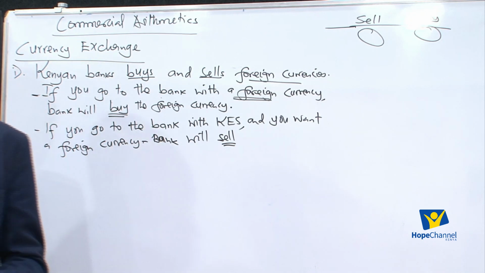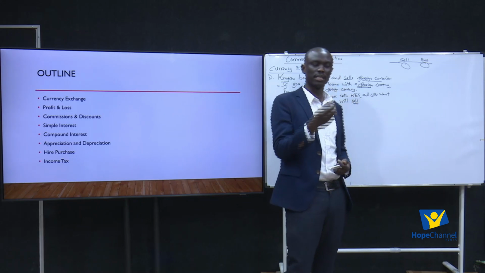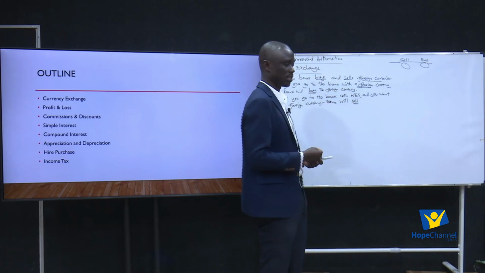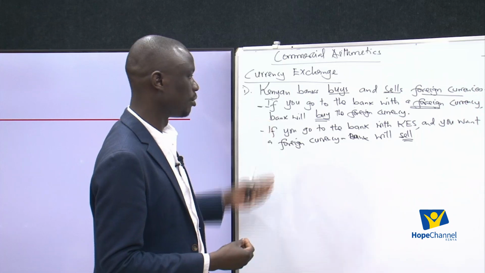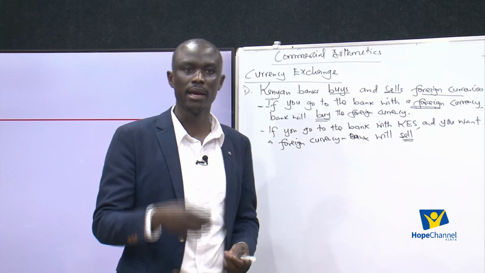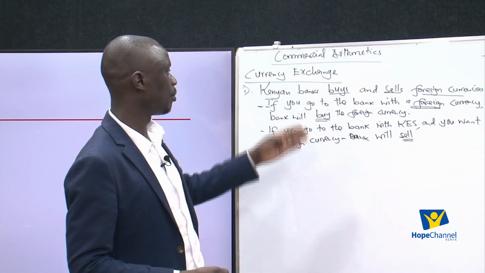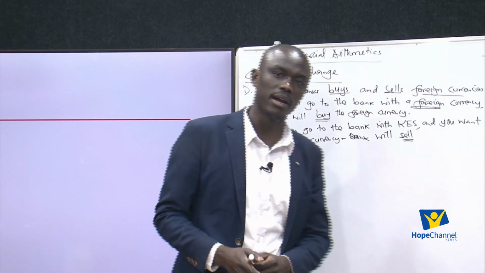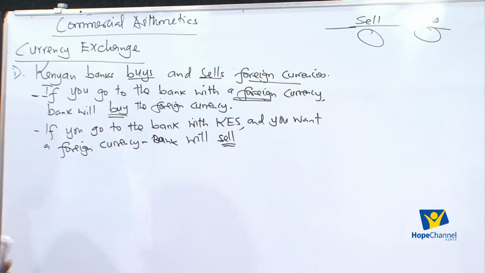That is basically what we do with currency exchange. There's nothing much on this concept that you're supposed to know. The only thing is that you need to know when we are supposed to buy, as well as when we are supposed to sell, so that you can know when to use the column of buying and when to use the column of selling. Once you know that, we are good to go.